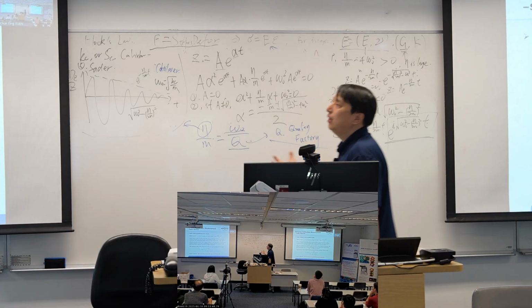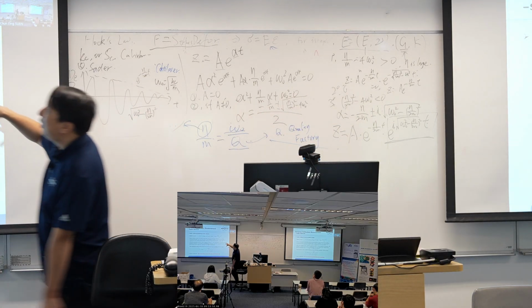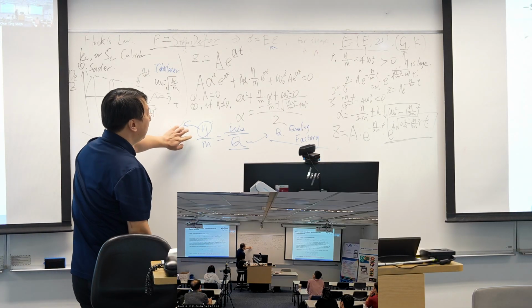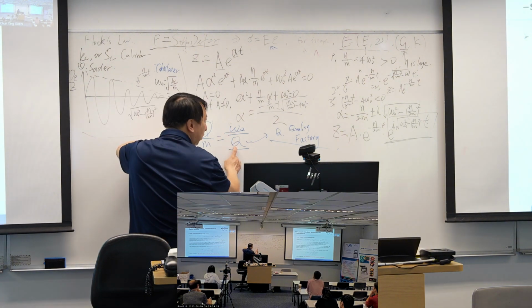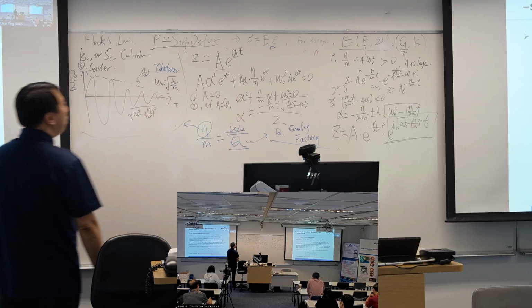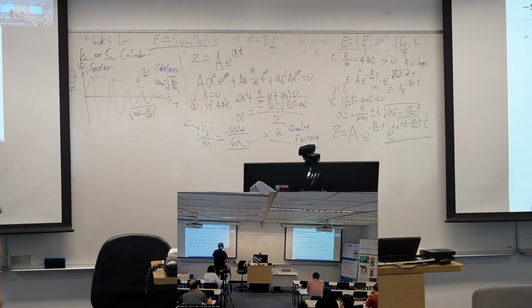So the key idea of the Sader method is using a hydrodynamic model to calculate the hydrodynamic force. Then if we can measure the quality factor and the resonance frequency, we can get the spring constant out. That's his whole idea.